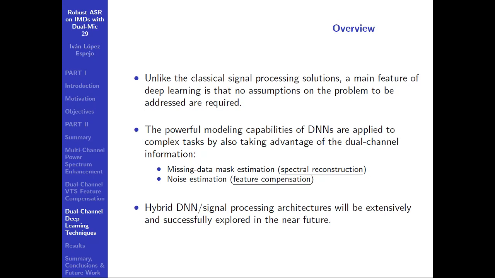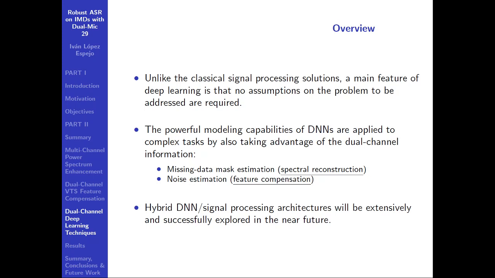So here we want to exploit the powerful modeling capabilities of deep neural networks to estimate missing data masks for spectral reconstruction and noise for feature compensation by also taking advantage of the dual channel information.